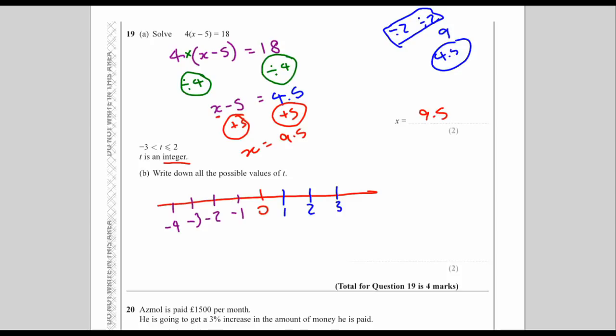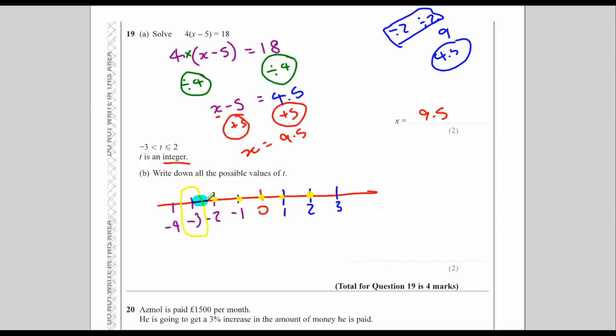Now we want numbers that are less than or equal to 2. So we want 2, we want 1, we want 0, we want minus 1, we want minus 2, but we do not want to include minus 3 because we want it greater than minus 3 but not equal to it.